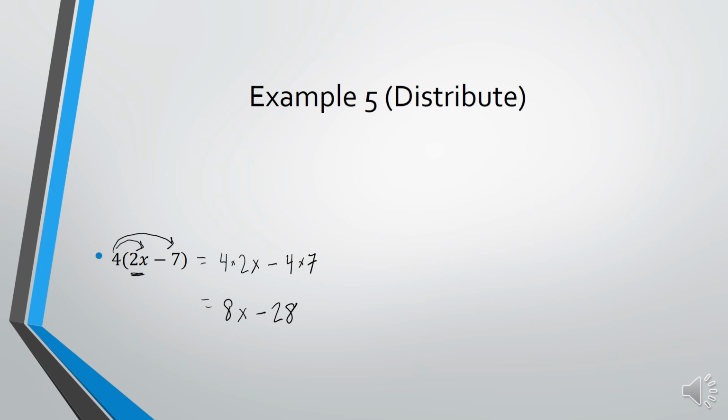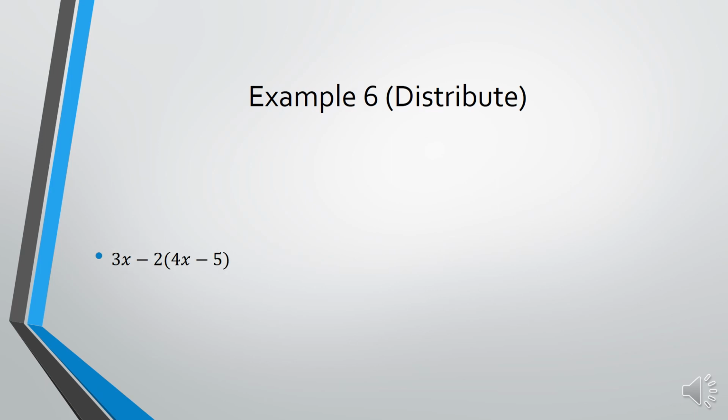So that's what we mean by distribution. We'll do one more of these. Here I have 3x minus 2 times 4x minus 5. I'm only going to be distributing this negative 2. So this problem says distribute the negative 2 to the 4x and also to the negative 5.